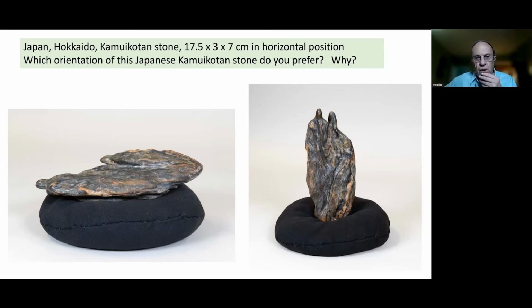Now, this next one is a relatively small rock from the Kanamu region of Hokkaido. When I saw this rock, I picked it up and I first laid it horizontally, but then I kept moving it around and I ended up with a vertical orientation. As I looked at it, I noticed there are three figures, one in the background, one in the middle, and then what looked like a smaller figure.